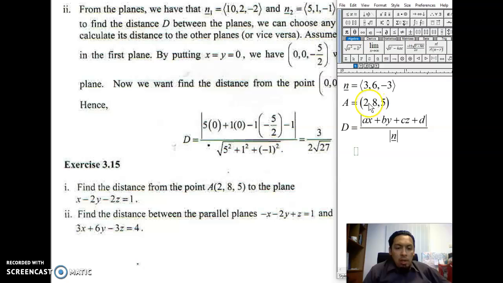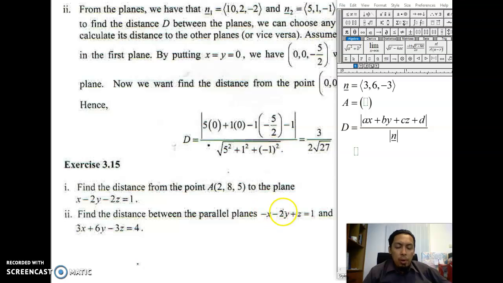Alright, and as for this one, we will use the parallel plane, which is this one, and find the point. We have to find a point that is actually on this plane.